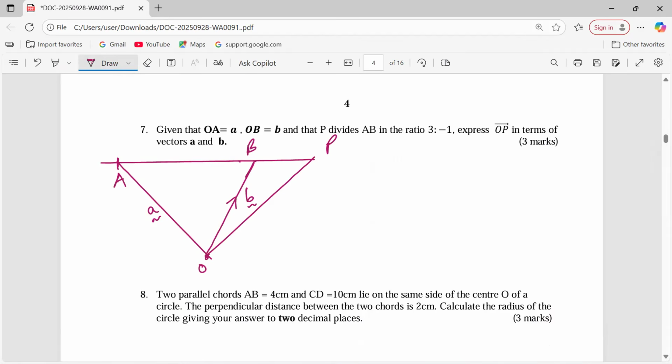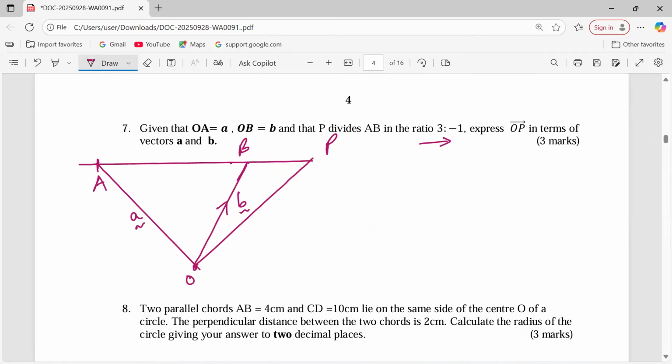Now, P divides vector AB in the ratio 3 is to 1, meaning that from point A to where P is, we have 3 proportions. Then to get back to B, we're moving 3 proportions, then 1 proportion backwards.